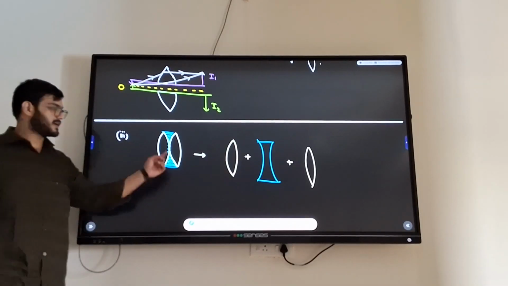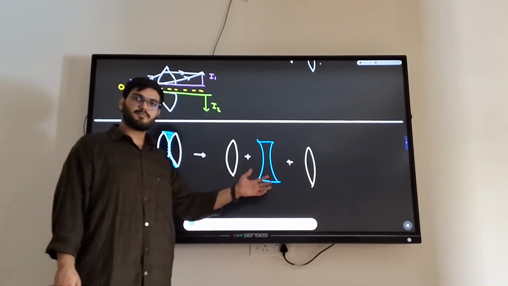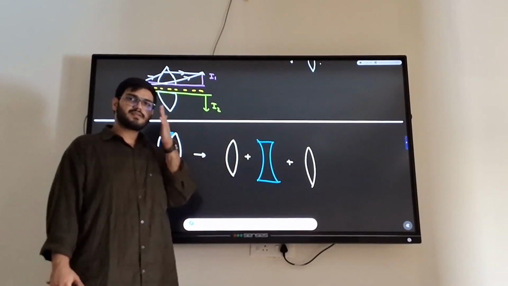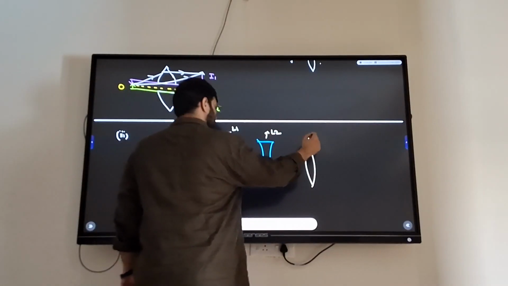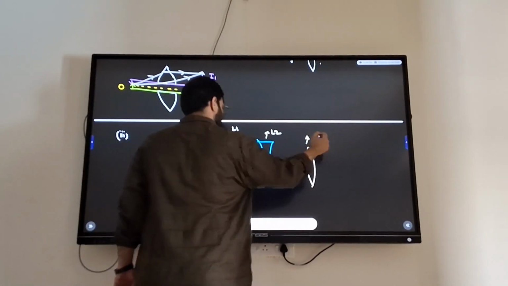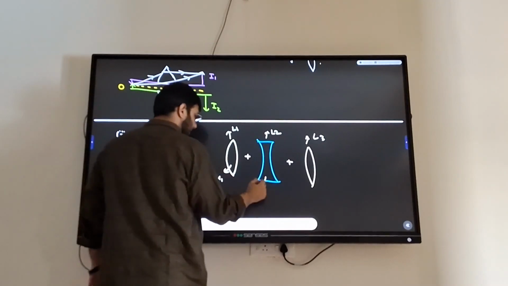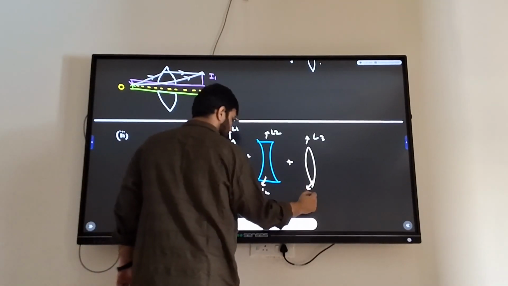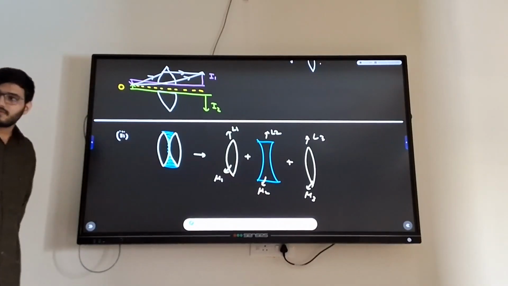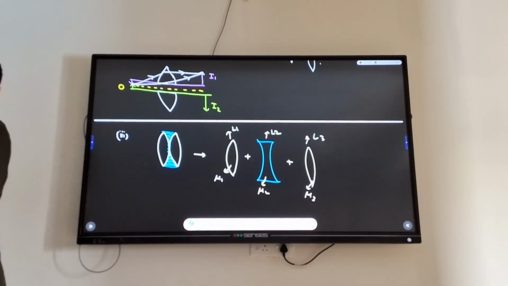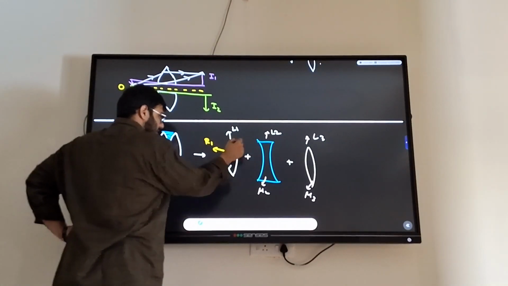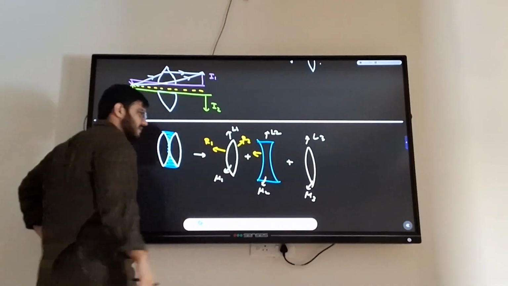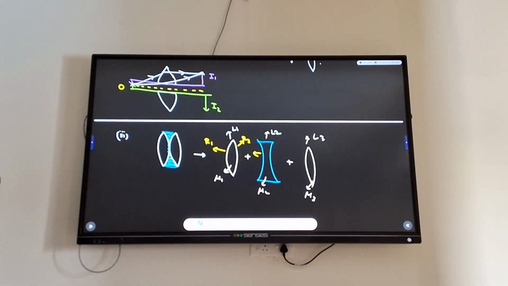When you place some kind of material in between the lenses, you can consider that material to be forming another lens. Yes? Let's say this is lens L1, L2, L3, and it has a refractive index mu1, mu2, this will be mu3. Now you tell me what should be the radius of curvatures. So let's say if this is radius of curvature R1, this is R2, then what is this radius of curvature? What should that be?